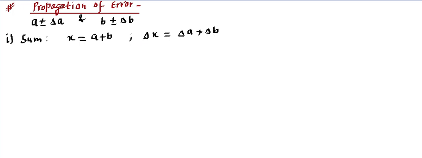It's as simple as that, right? So if we are doing the operation called addition or summation, and x is defined as a plus b, then delta x is going to be delta a plus delta b. Hence we can write this summational value as x plus minus delta x.